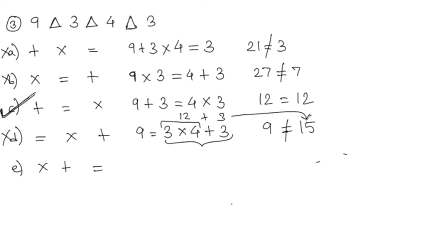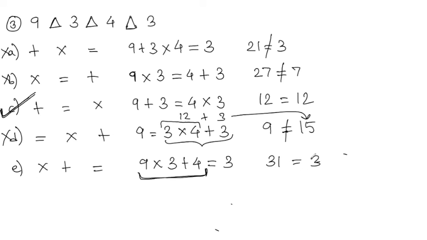Okay. Now finally option E. Tell me the order, sign order. 9 into 3 plus 4 equals 3. Okay. So tell me this answer now. 27. Full answer I want, this full expression answer. 31.